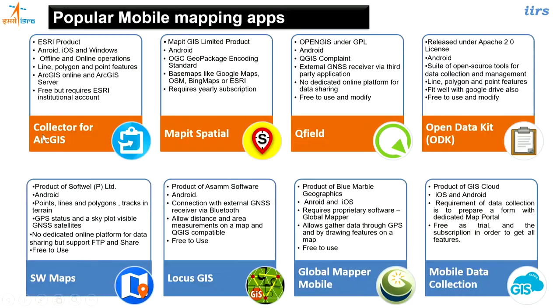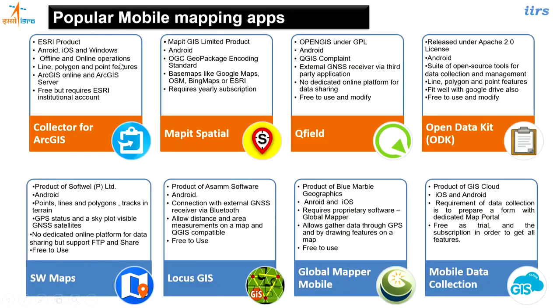So that data can be directly pushed to that dashboard. So it is a product of ESRI. This app is available not only for Android, it is also available in iOS and Windows also. So it is supporting all these platforms, Android, iOS, and Windows.